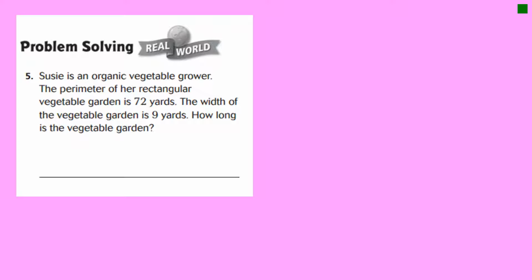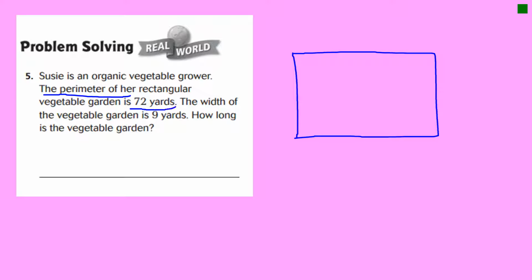Oh, okay, so we have an unknown measure. All right, so here's her vegetable garden. It is a rectangle. The perimeter is 72. So I'm just going to make a note of that right here. The perimeter equals 72 yards.